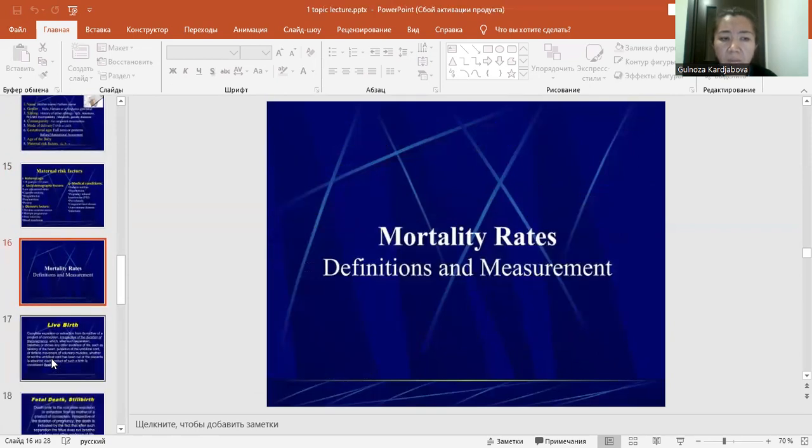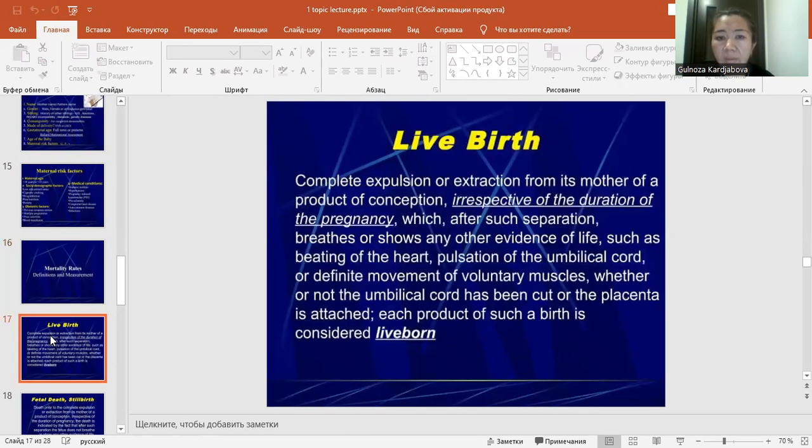So, as a neonatologist, you should know about the mortality rates, definition and measurement of mortality rates. So, guys, live birth. What is a live birth?